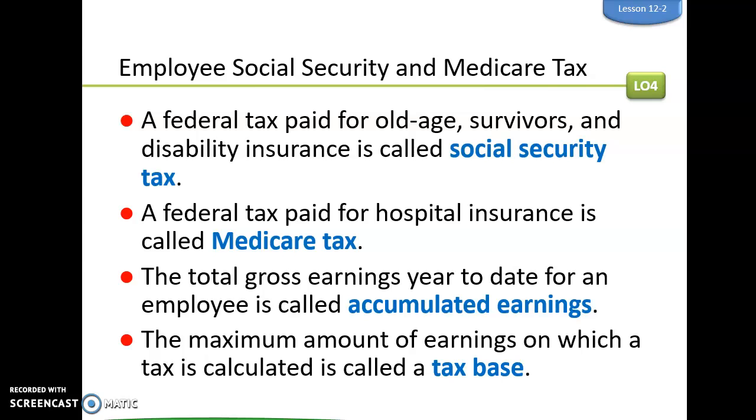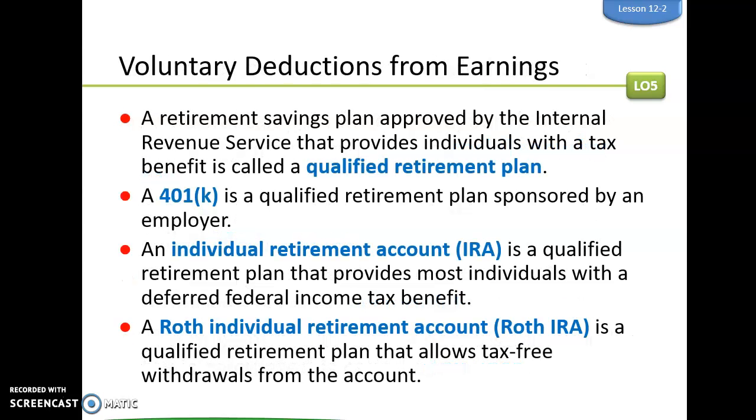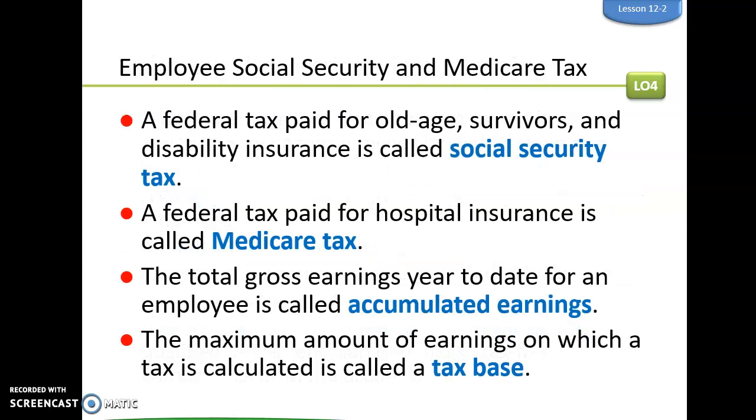And the Medicare rate is 1.45%. So if I wanted to figure out my Social Security tax deduction, I would take my total earnings times 6.2%.